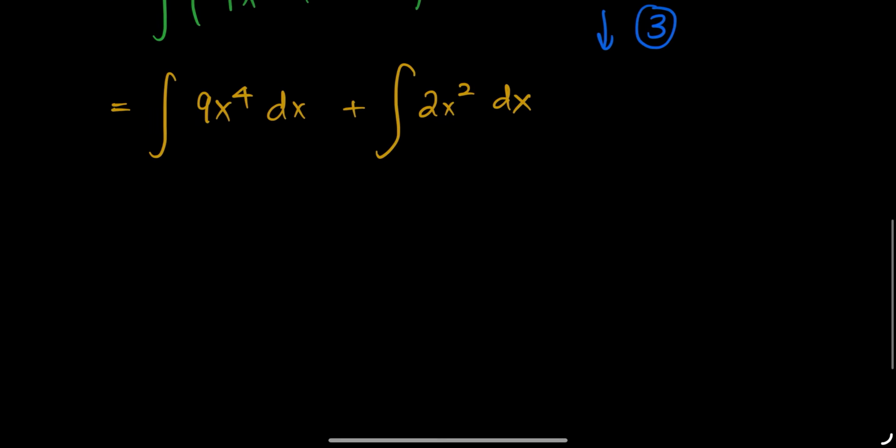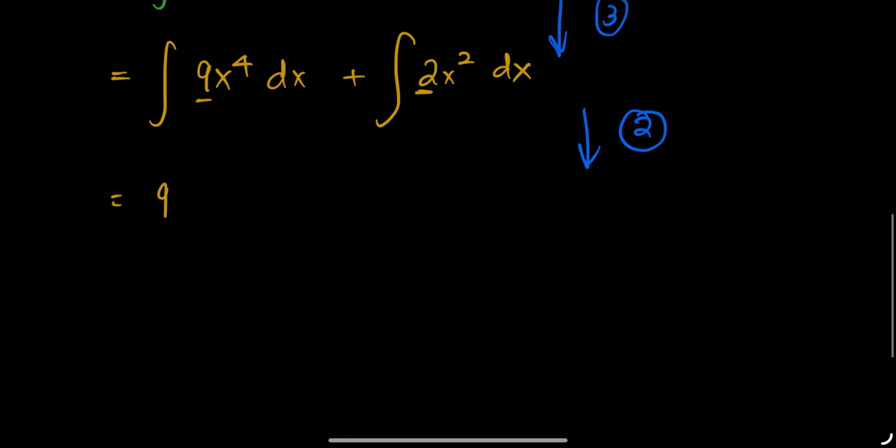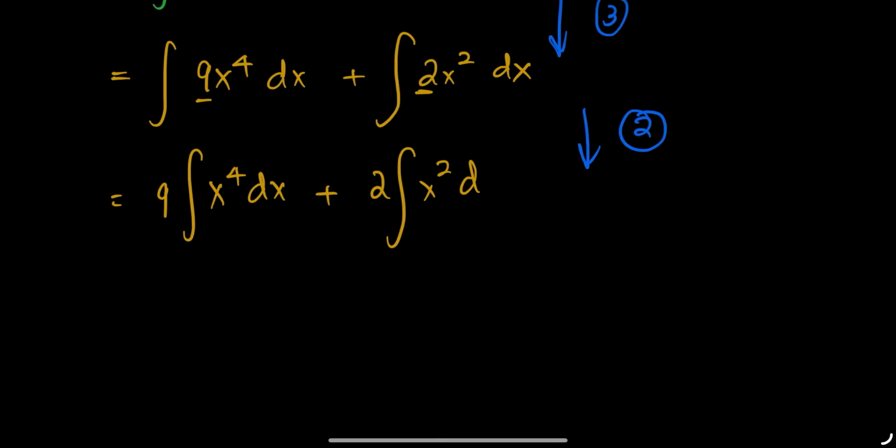Now here, since 9 and 2 are just constants, we can pull them out. So let me make this more clear: to move from here to here, it's rule 3. To move from here to here, it's rule 2, where we can factor out a constant. So we get 9 times the integral of x^4 dx plus 2 times the integral of x squared dx.